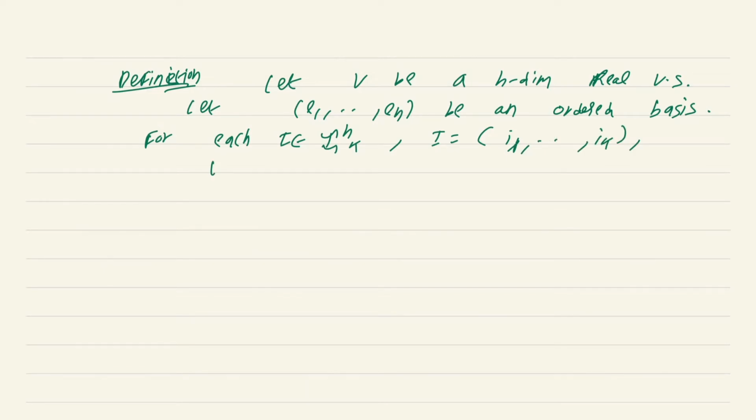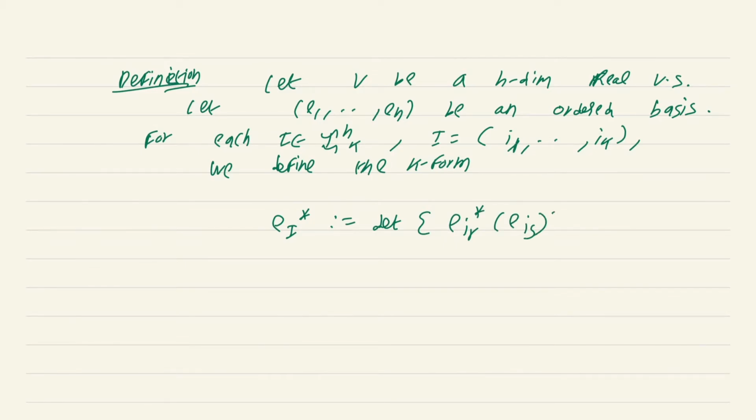We define the k-form e_I^* to be by definition the determinant of e_{i_r}^* acting on e_{i_s}, where r, s run from 1 to k.